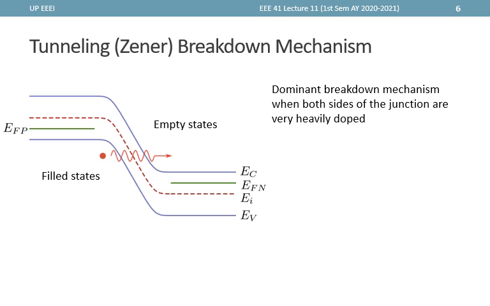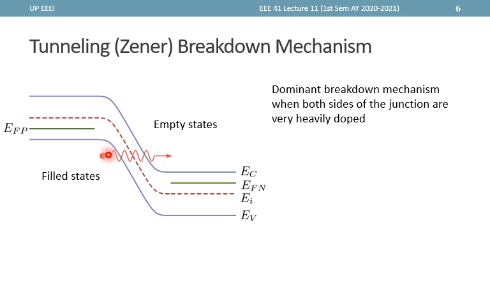The second breakdown mechanism is through tunneling, or what we call Zener breakdown. In this process, the electrons from the valence band will be able to tunnel through this forbidden region and get into the conduction band.